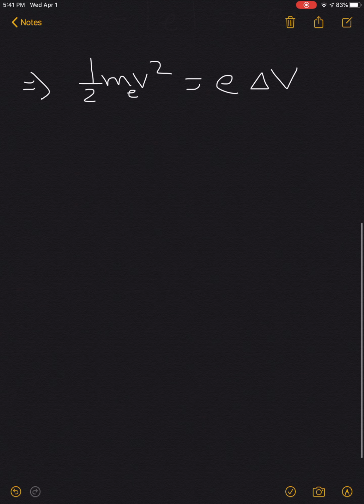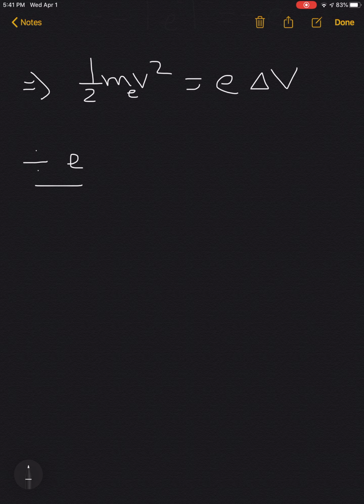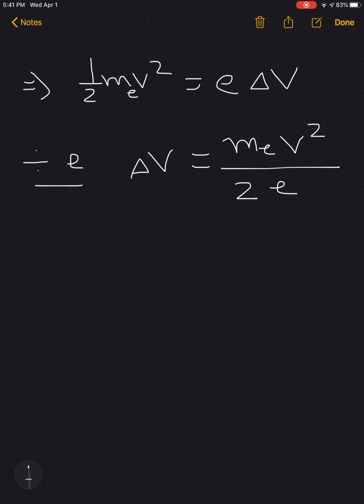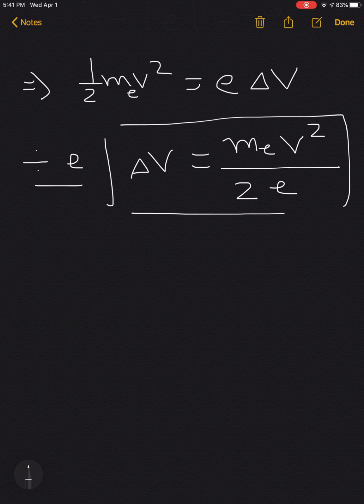And we want to solve for that. This is not too bad. We just divide by the absolute value of the charge, and we get that delta V is equal to the mass of the electron times the velocity squared, divided by 2 times e. This is the symbolic version.